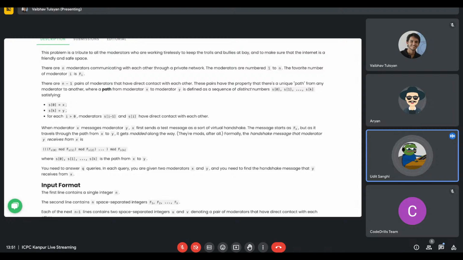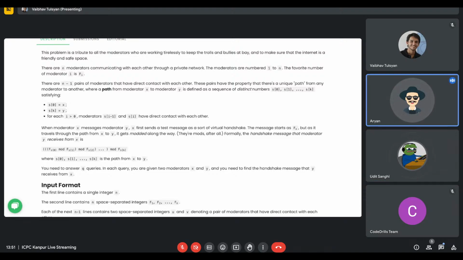In fact, just yesterday the volunteers were seeing the templates, and I saw heavy light decomposition multiple times. So I think most teams should have it. We also had heavy light decomposition in our template, so that should be the part.